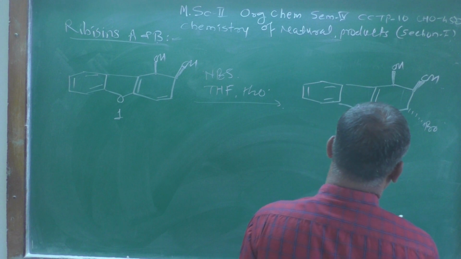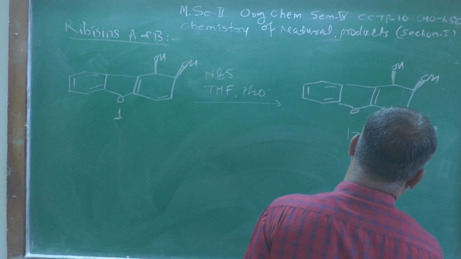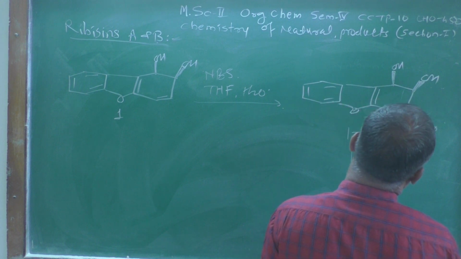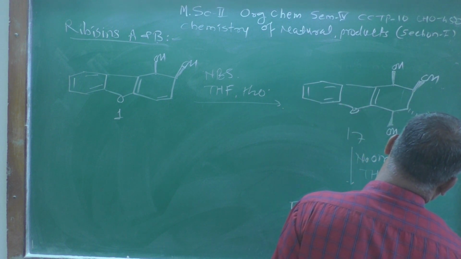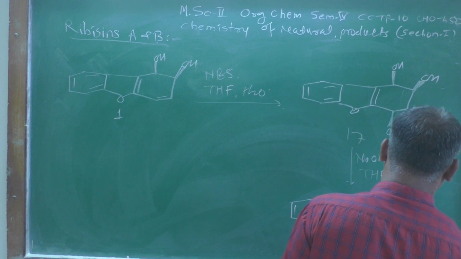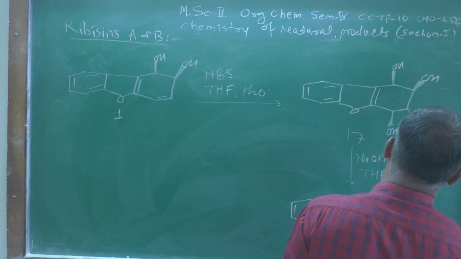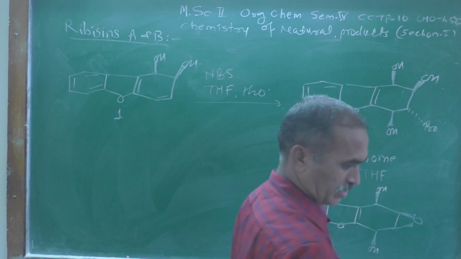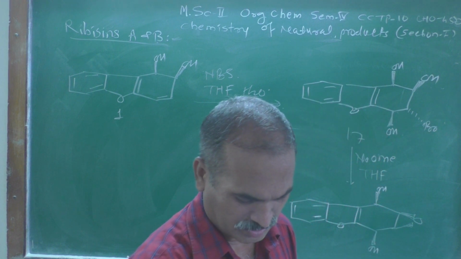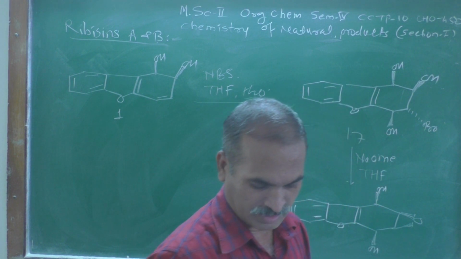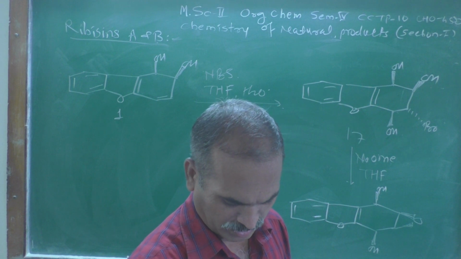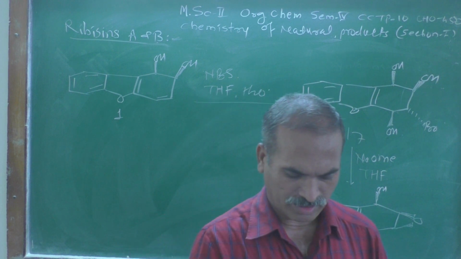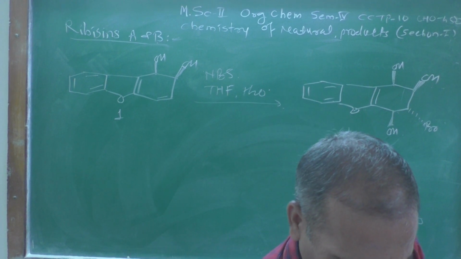The benzofuran part remains as it is, this double bond is also as it is, this is the hydroxy group, but here you are going to get this type of species, an epoxide, and here all bonds are on the same side. So, this could be structure number 18. This is structure number 18 we got over here.